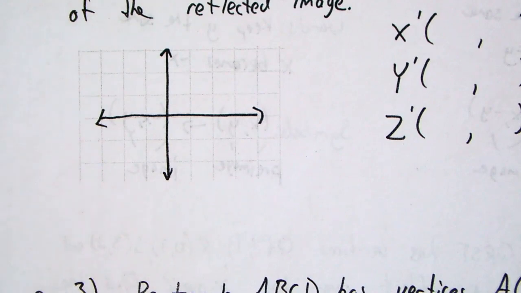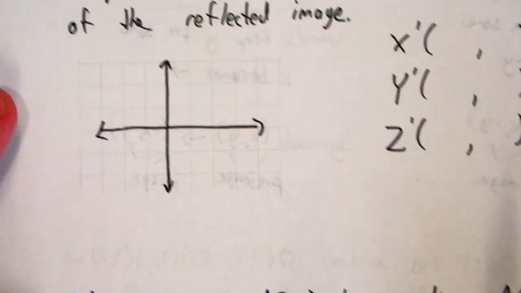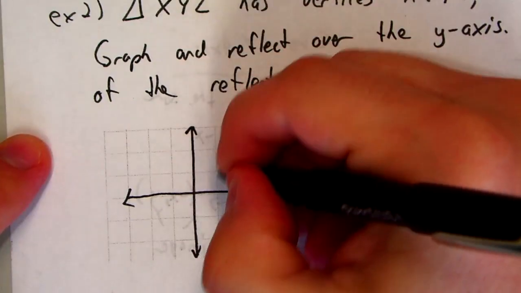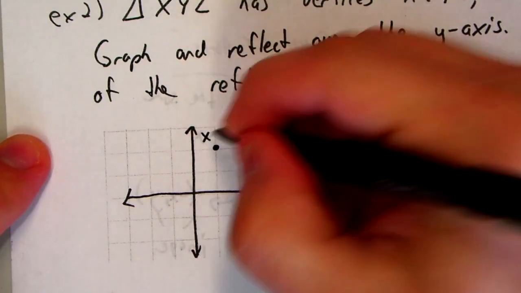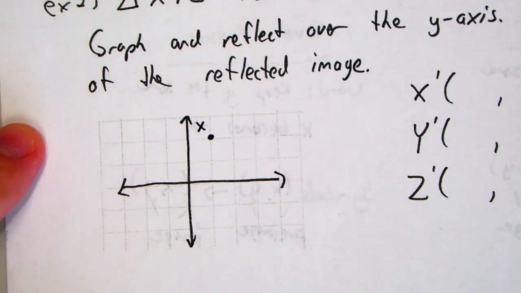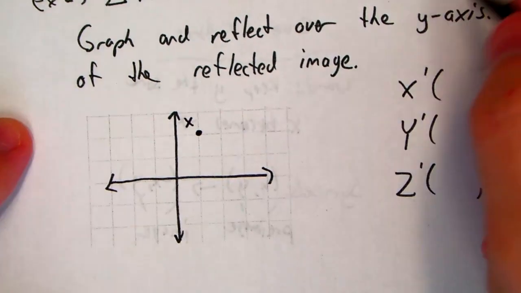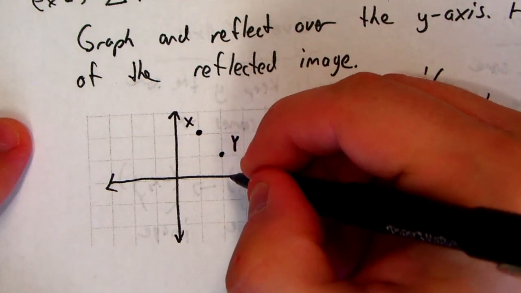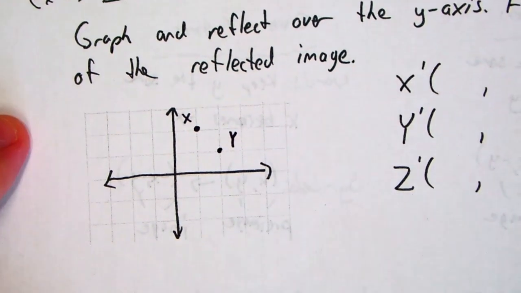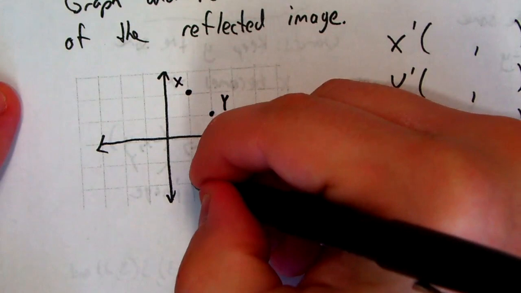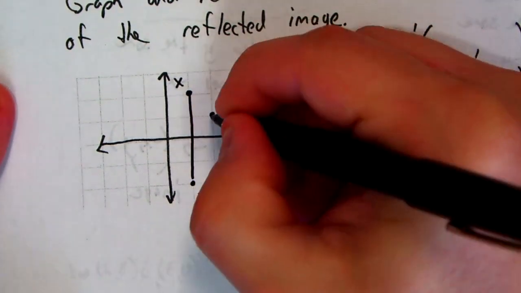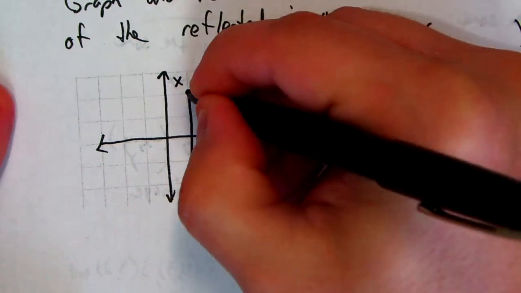So first thing we have to do is actually graph this. So X is at 1, 2, so here's X. Y is at 2, 1, so here's Y. And Z is at 1, negative 2, so here is Z. So my triangle looks like that.